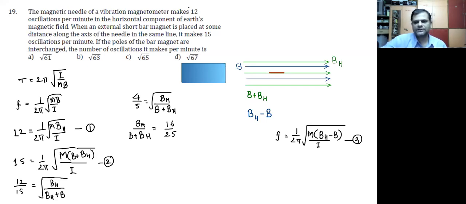So if you just divide this equation 3 and 1, then what can we get is, okay, so equation 3 upon equation 1 gives f divided by 12, okay, which must be equal to, अब यहाँ पे इसमें भी 1/2 कैंसिल हो जाएगा, m कैंसिल हो जाएगा, और बचेगा क्या, सिंपली रूट ऑफ बीएच माइनस बी अपॉन बीएच, ओके, sorry, bh only.